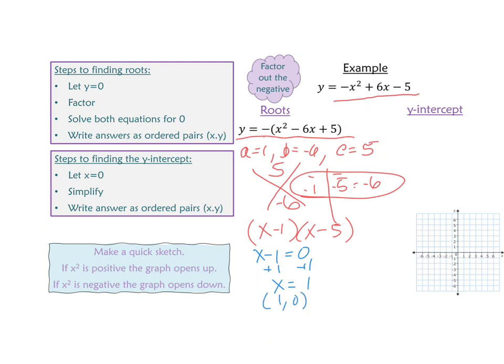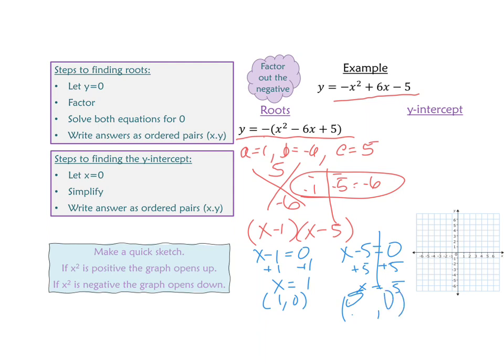And x minus 5 equals 0. I add 5 to each side, and I get x equals 5, or, whoopsie, 5, 0.